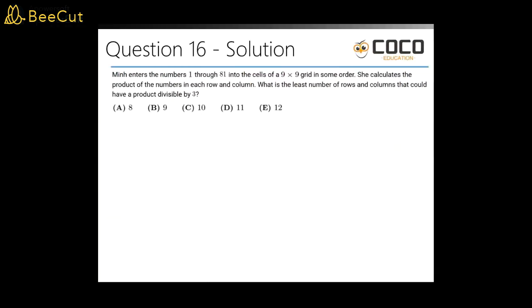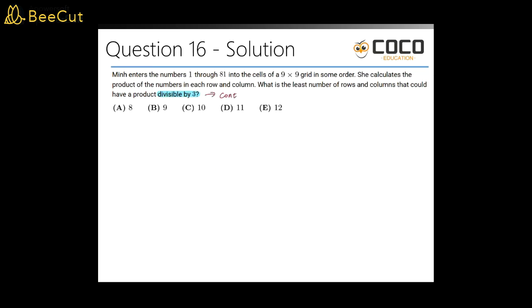Now, question 16. So we put the numbers from 1 to 81 into the 9 by 9 cells. They want to find the least number of rows and columns that could have a product divisible by 3. When the product is divisible by 3, it means that particular row or column contains a multiple of 3.